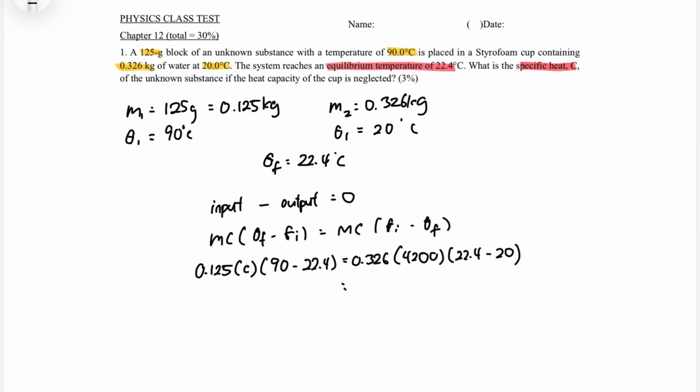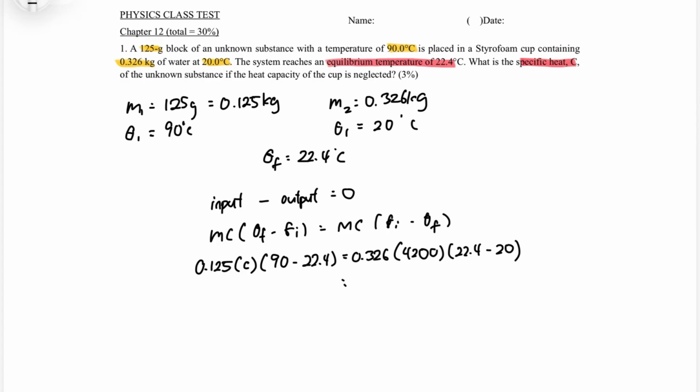The result over here will be 0.125 c times 67.6, and when I calculate the other side it will be 3286.08.